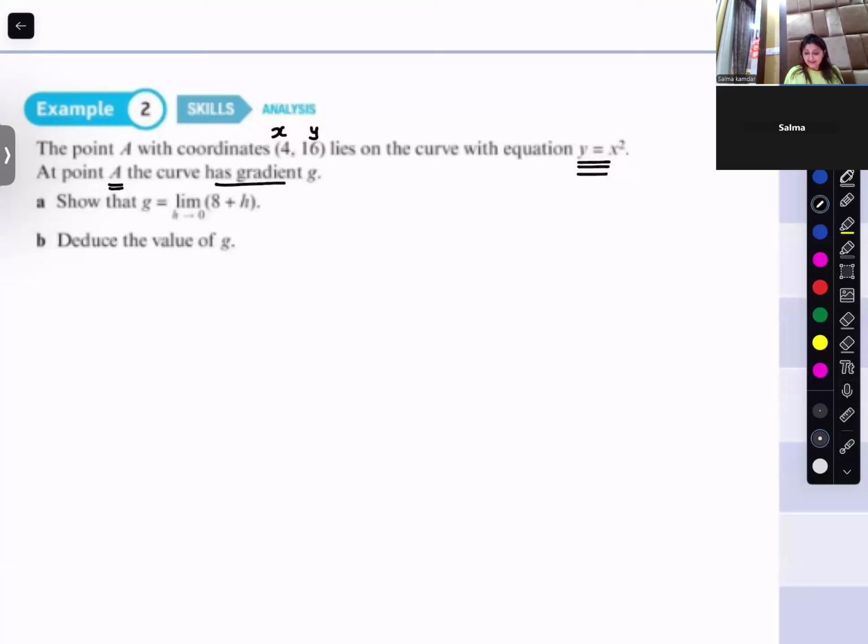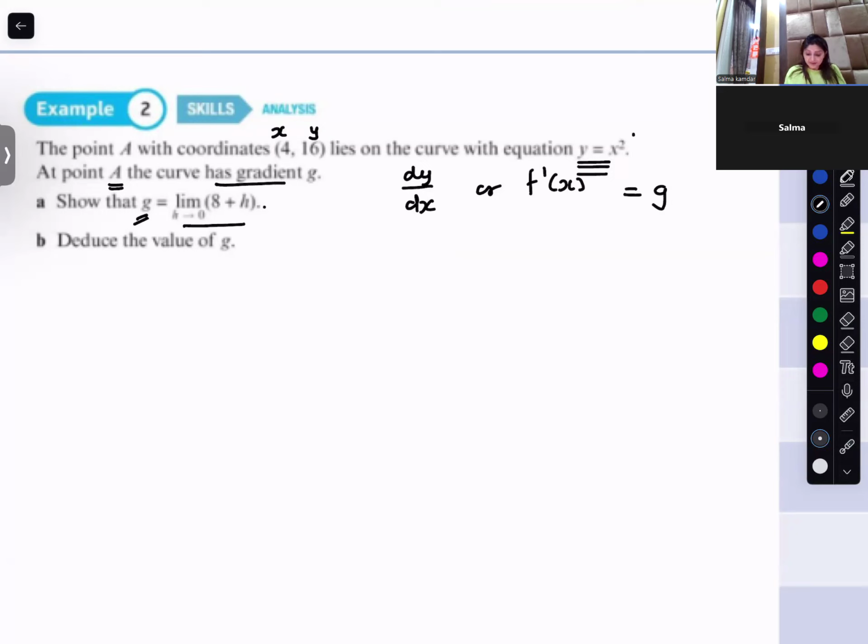That means at point A, my dy by dx, or I would say my f dash x, is equal to g. Now I want to show that g is the limit as h tends to 0 of 8 plus h. That means I want to show that the derivative of this function is this using the first principle.